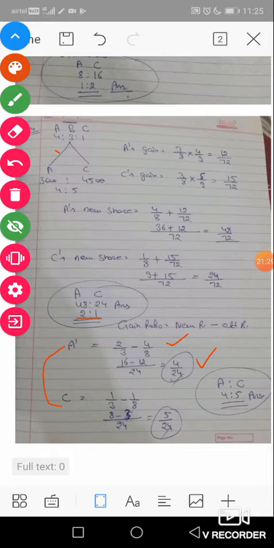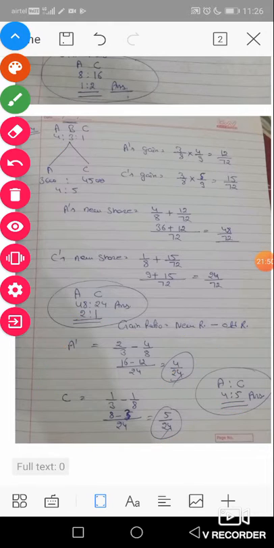For C, the new ratio is 1 upon 3 and the old ratio is 1 upon 8, so 1 upon 3 minus 1 upon 8 is 5 upon 24. 24 is cancelled, so 4 is to 5 is the gaining ratio of A and C.